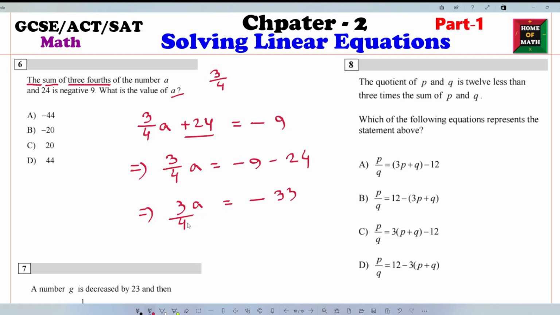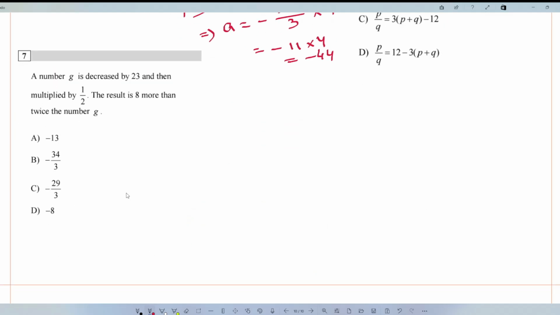So 3/4a equals minus 33. Now a equals minus 33 divided by 3 times 4. So here is minus 11 times 4. The answer is minus 44. So number A is our right answer.